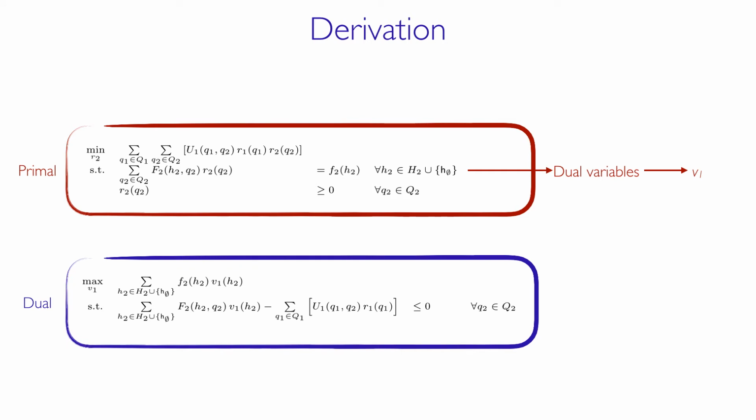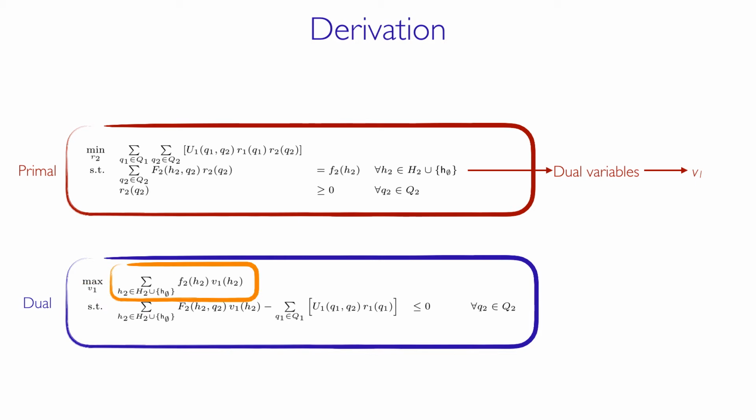Here you have the dual. By strong duality, the primal problem being linear, the primal and dual problems have the same optimal value. The maximization is performed over variables v1 that are, as said before, the dual variables.